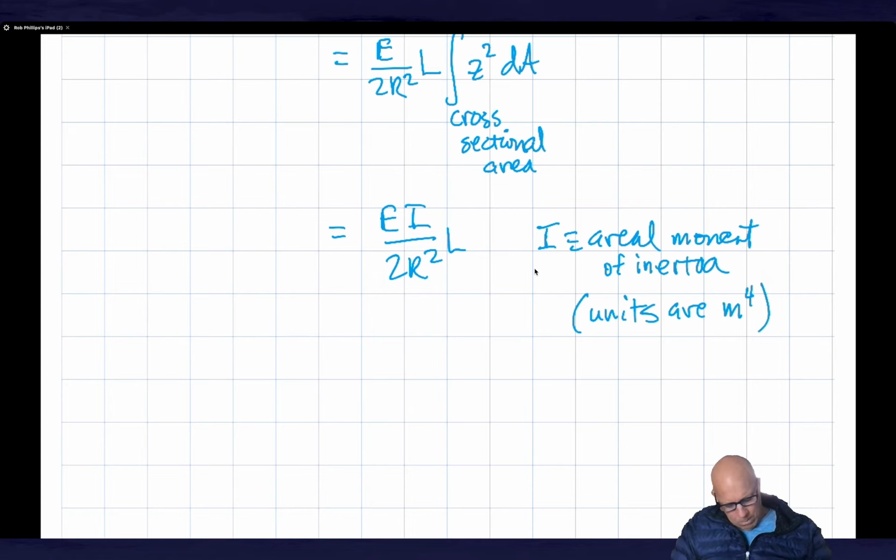E has units of joules per meter cubed, I has units of meters fourth, L has units of meters, and that's divided by r squared. So E I over 2r squared L is going to have units of joules per meters cubed, meters fourth, meters, divided by meters squared.